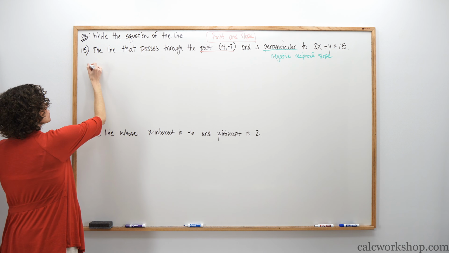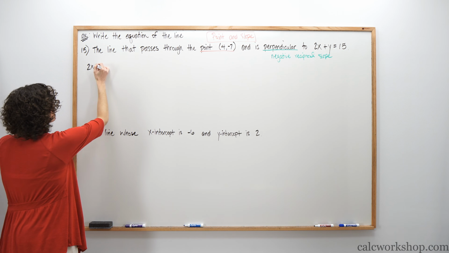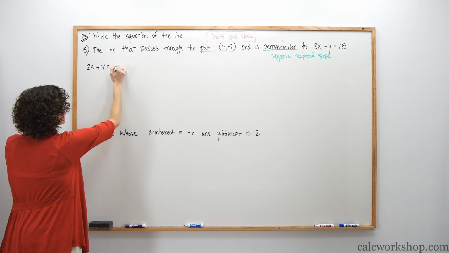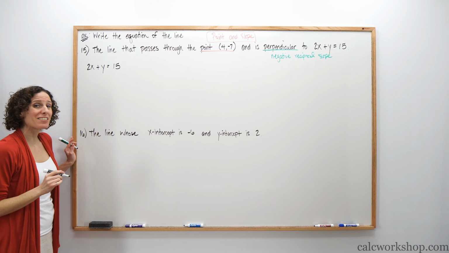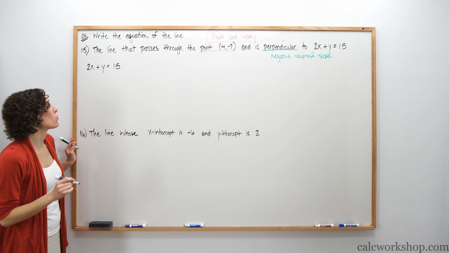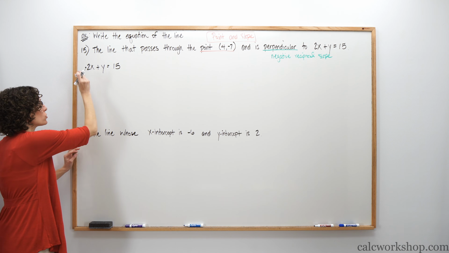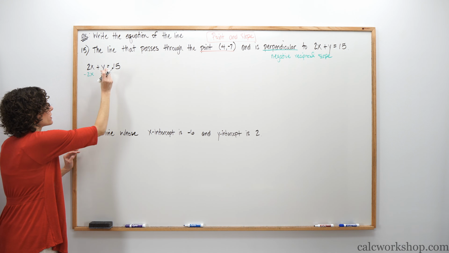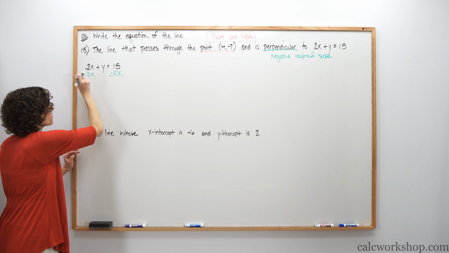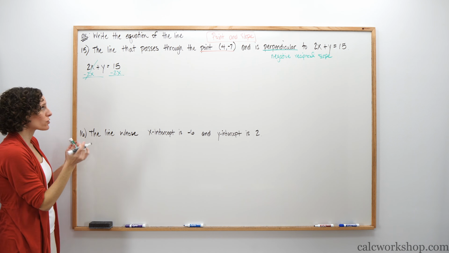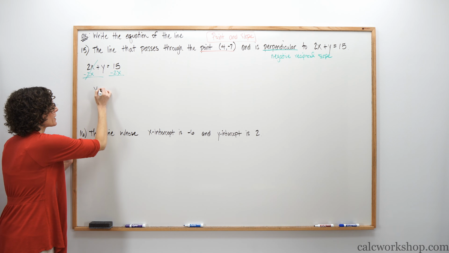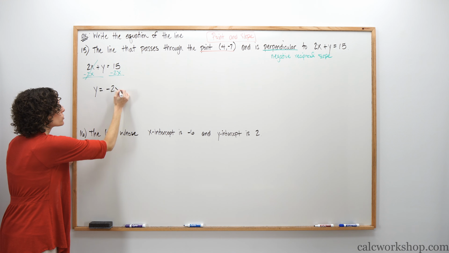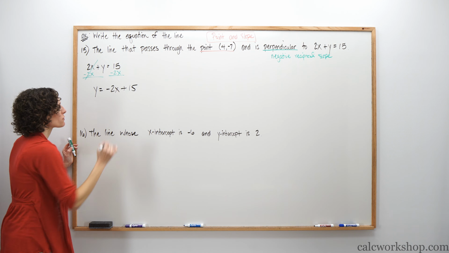So we have 2x plus y equals 15. Let's get this into y equals mx plus b form. So I'm going to subtract 2x to the other side. So inverse operations, those wipe out, and we are left with y equals negative 2x plus 15.